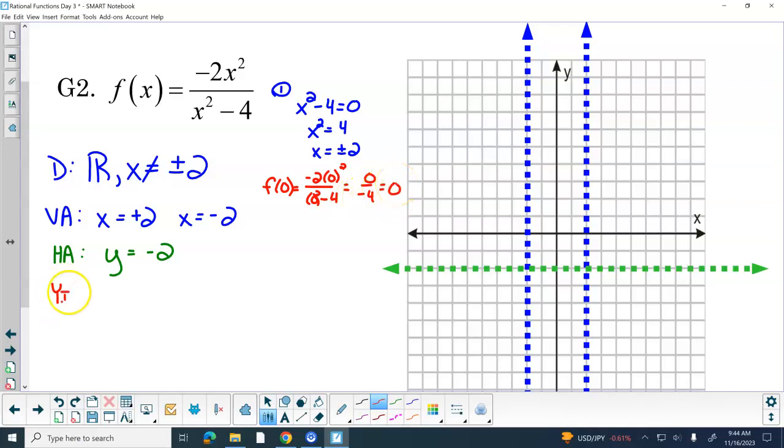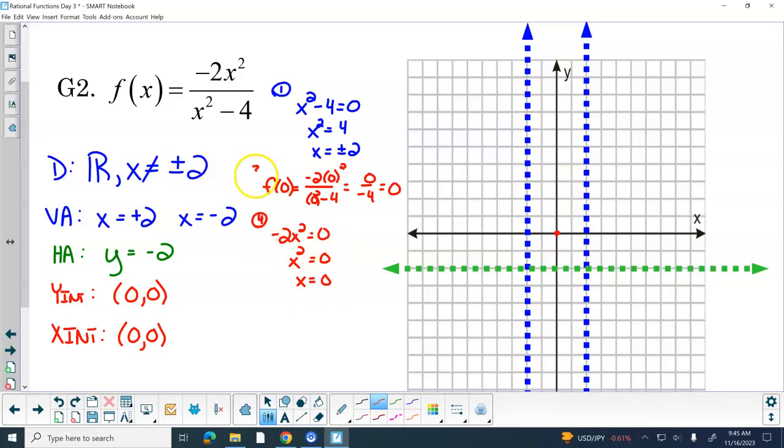So my y-intercept is going to be (0, 0). And my x-intercept is at least going to be (0, 0) also. Okay. So then I would say -2x squared equals 0, x squared equals 0, x equals 0. So we're good there.